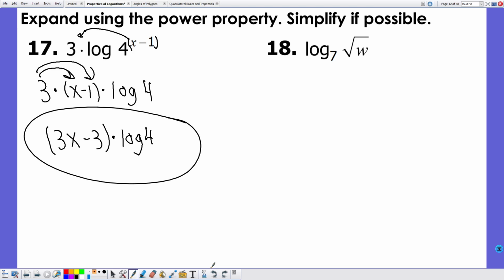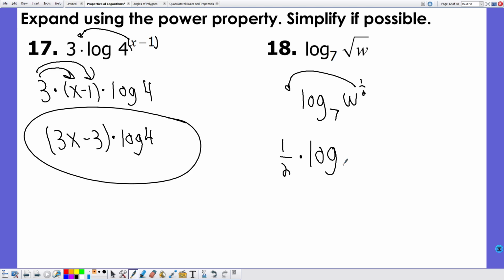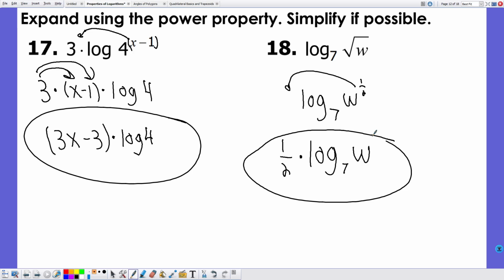Anyway, alright, log base 7 of the square root of w. Well, it has no exponent right now, but the square root is a fractional exponent of 1/2. Move the 1/2 to the front, we get 1/2 times log base 7 of w. And that gets us our answer.